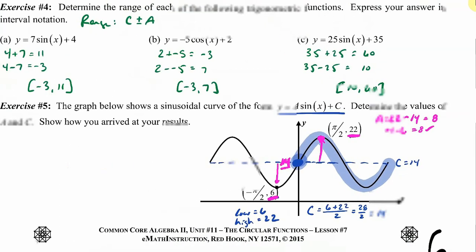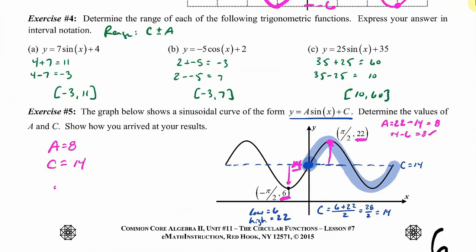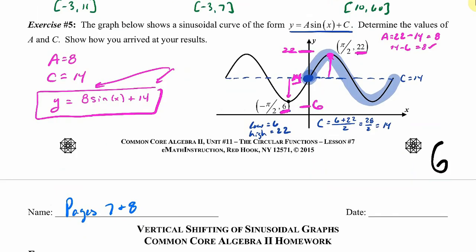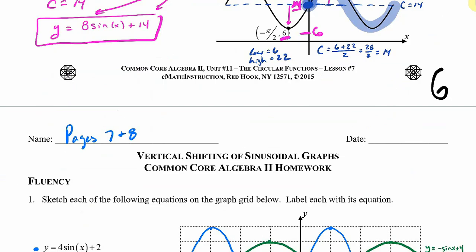Okay, so A was positive 8, C was 14. If we were asked to write the equation, we'd write y equals 8 sine of x plus 14. Okay, and sure enough, if we add these values, we get 22, which is our high. If we subtract, we get 6, which is our low. Everything checks out. Okay, take a look at the homework and then check these solutions out to make sure you can do these.